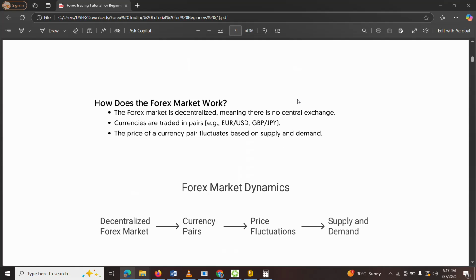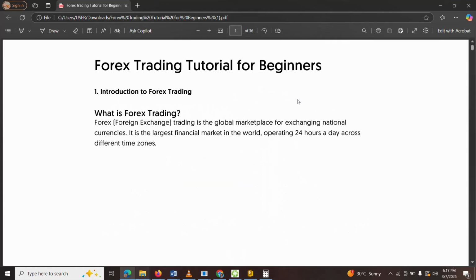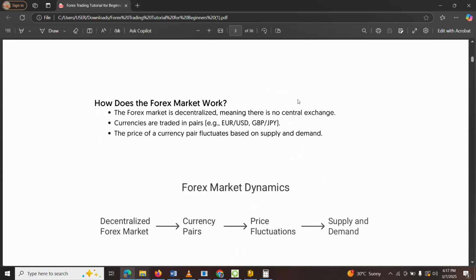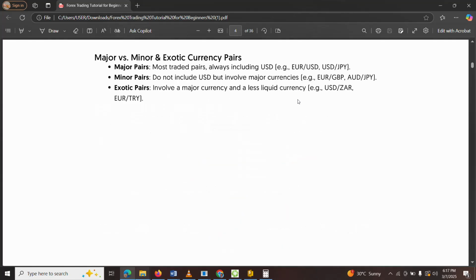Then we need to note the major, minor, and exotic currency pairs. On the major we have the most traded pairs, always including the US dollar, or what we call the USD.